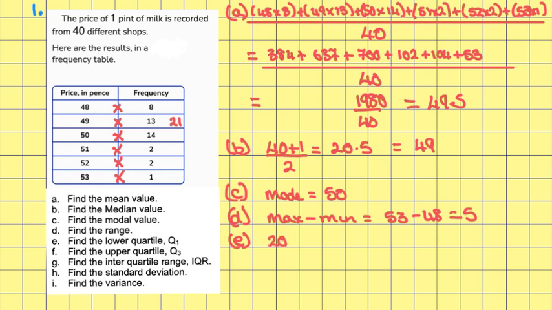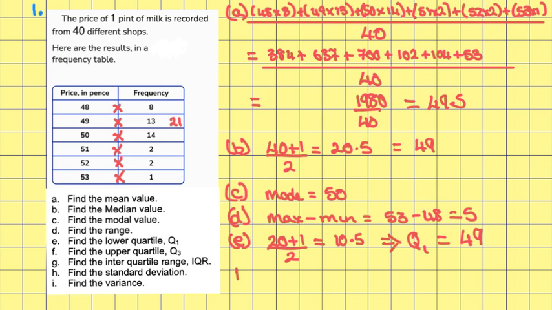There is 20 in the bottom half, so to find the median, I add 1, divide by 2, which is equal to 10.5. So I want the 10th and the 11th piece of data. Both the 10th and the 11th are 49. So Q1 is equal to 49.